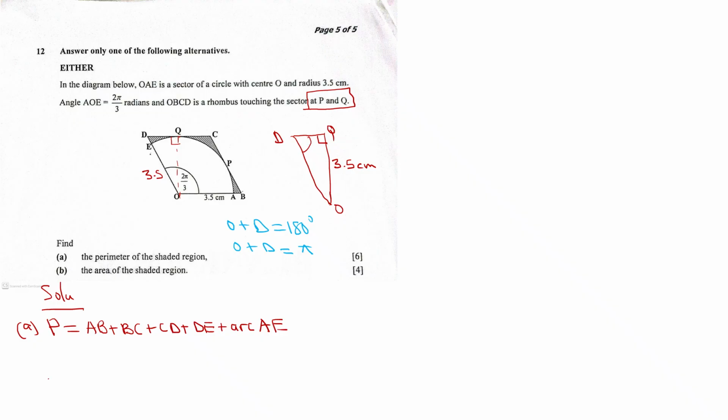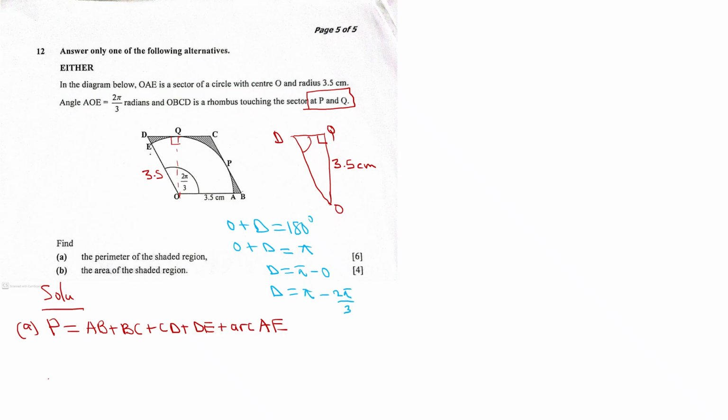Okay, but we know the angle O. The angle O is 2 pi divided by 3. The way we have written here, O plus D is equal to pi, meaning our D will simply be equal to pi minus O, when the O goes to the other side of the equation. This means that D is equal to pi minus 2 pi divided by 3.